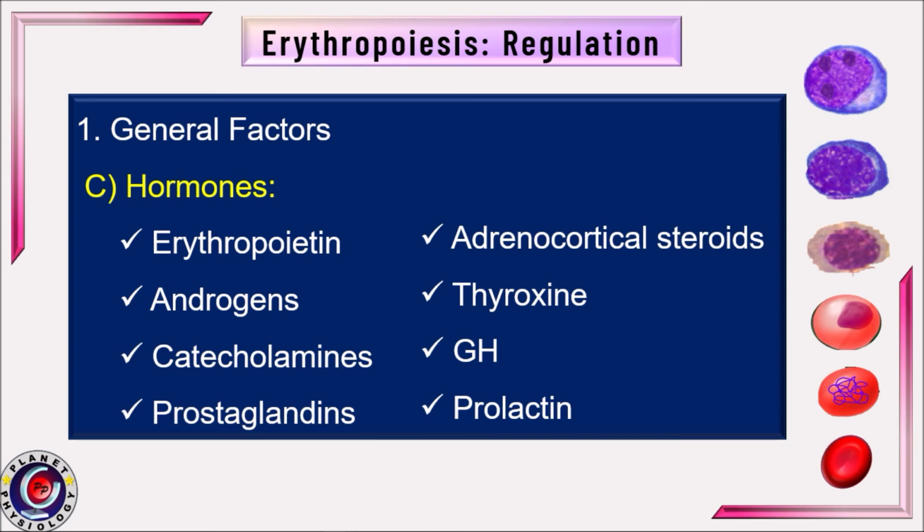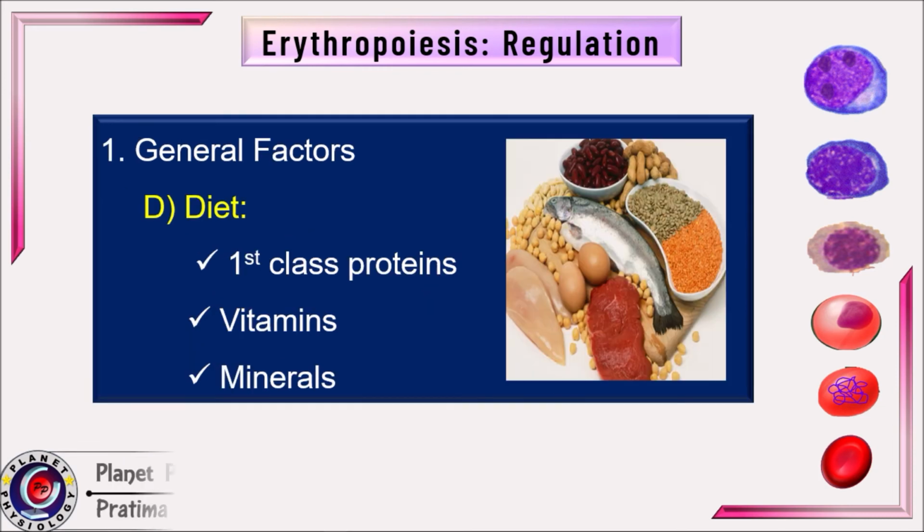Apart from erythropoietin, other hormones required for erythropoiesis are androgens like testosterone, catecholamines, that is adrenaline and noradrenaline, prostaglandins, adrenocortical steroids, mainly cortisol, then thyroxine, growth hormone and prolactin. All these hormones are necessary for RBC production. The diet containing first class proteins, vitamins and minerals is also necessary for erythropoiesis.